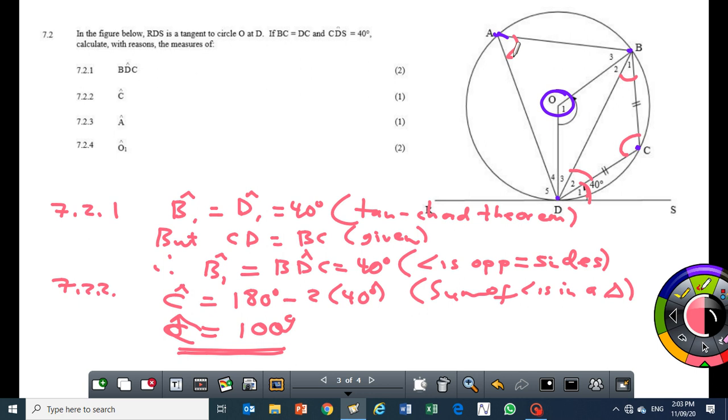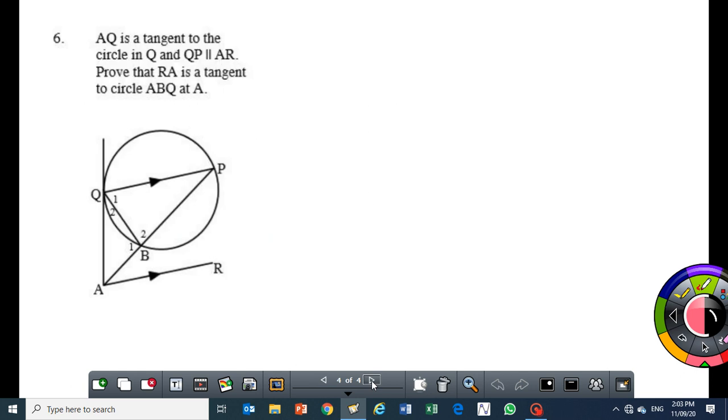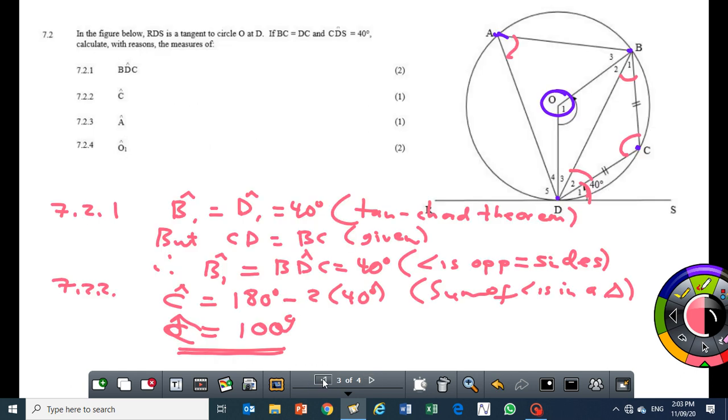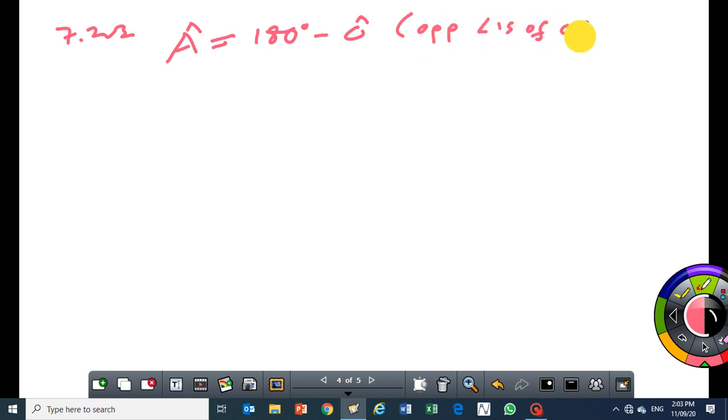Okay, so let's go to the next page. So 7.2.3, we say angle A is equal to 180 degrees minus angle C. The reason: opposite angles of a cyclic quadrilateral.